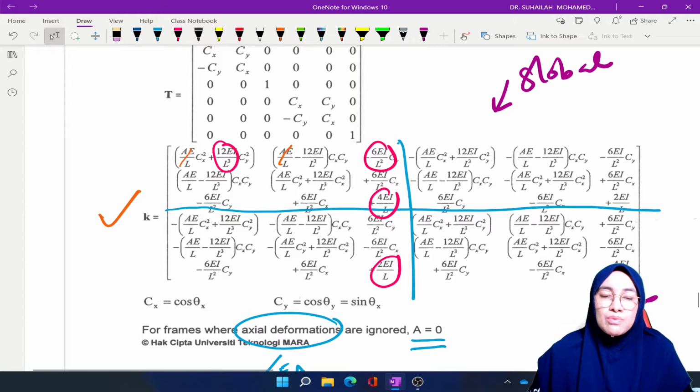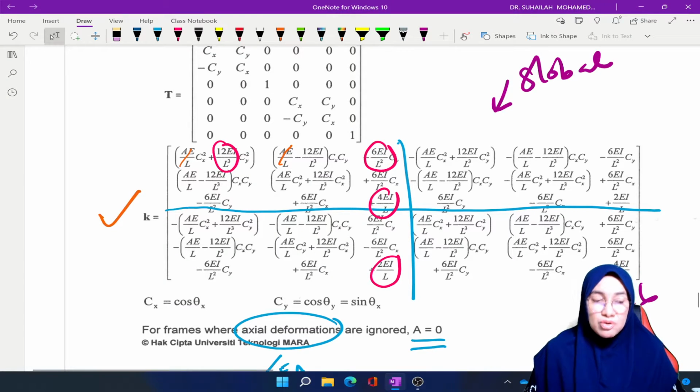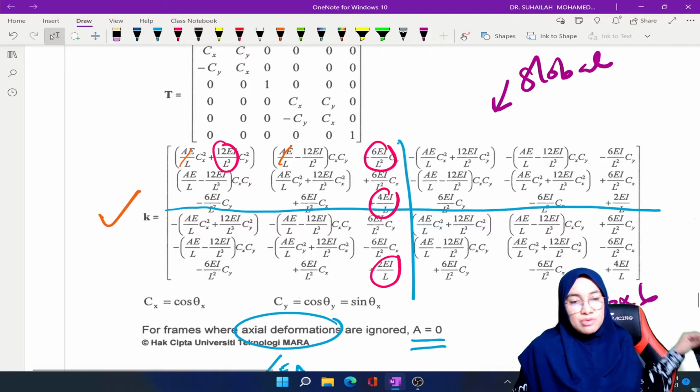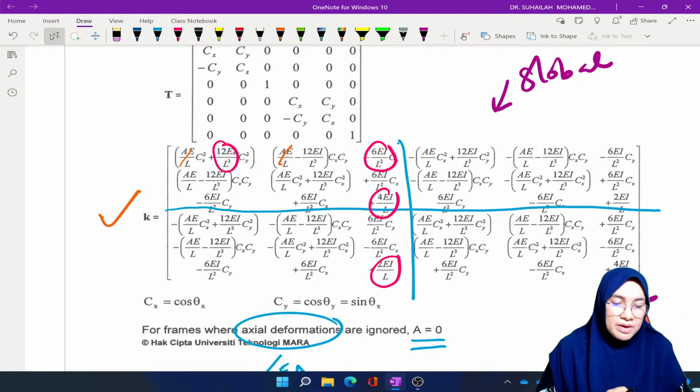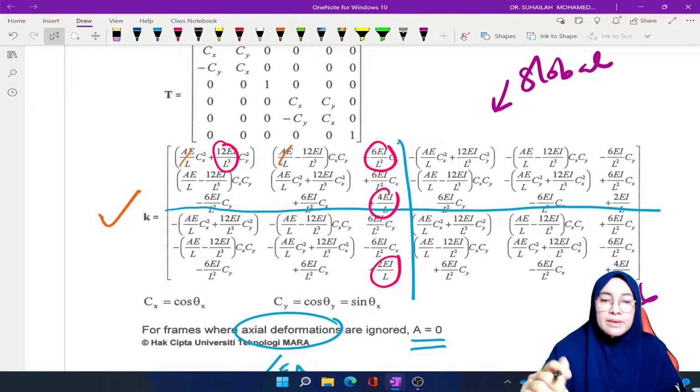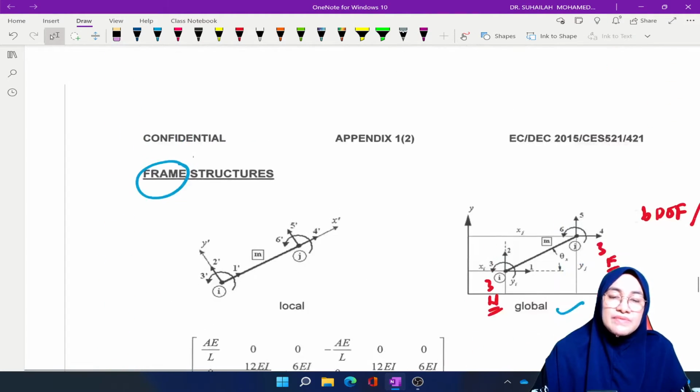For element number 1, the length is 5, so it is 12 divided by L cube, which is 5 cube. Again, 12 divided by L cube is 0.096, times Cy. Cy is 0, so the first value is 0.